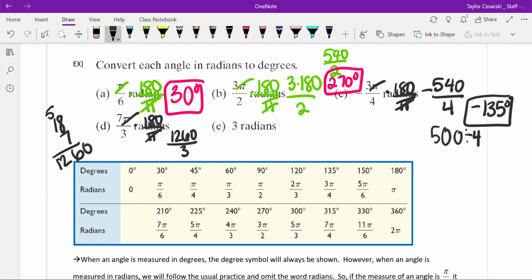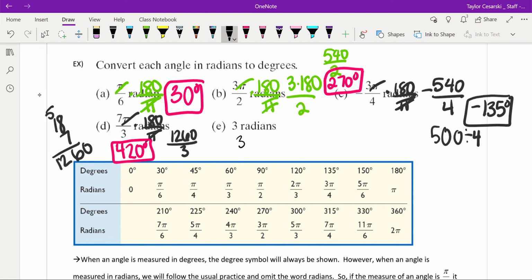So that would be 420 degrees. For those of you wondering how I'm doing that in my head without a calculator, I did 1200 divided by 3, which is 400, and then 60 divided by 3, which is 20, and added them together.